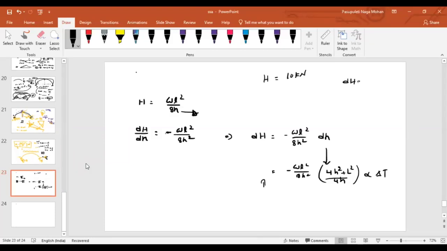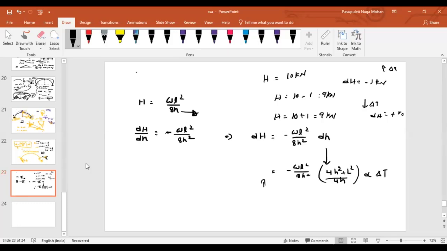Now you found out dH is equal to minus 1 kilonewton because of the increase in temperature. Now your new thrust will be 10 minus 1, that will be equal to 9 kilonewton. If there is a decrease in temperature, your dH will be positive. Delta T will be negative, and if it is positive, that means your H will be 10 plus 1, that will be equal to 9 kilonewton.